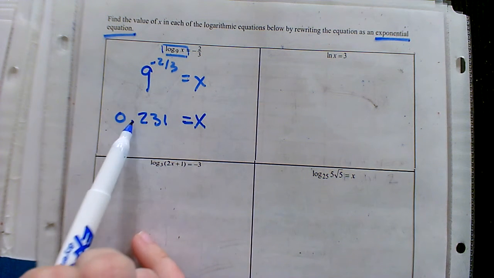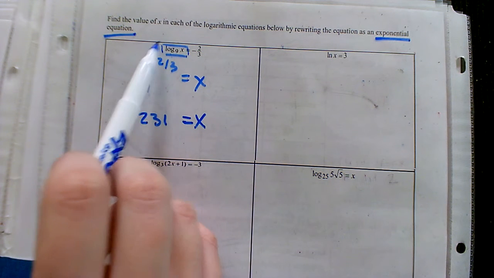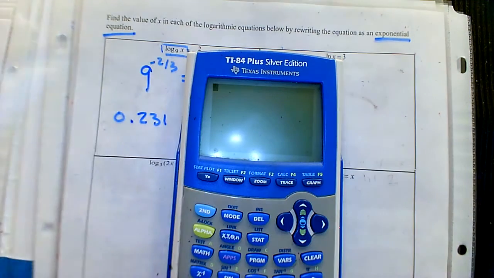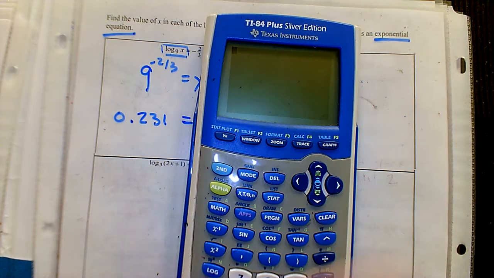Okay, let's say you wanted to check your work just to make sure that you've solved it correctly. If we plug that 0.231 back in for x, the value of this log should be -2/3. Since it's base 9, we're going to do change of base, using either the common log or the natural log, whichever you're comfortable with. Maybe we'll do natural log.